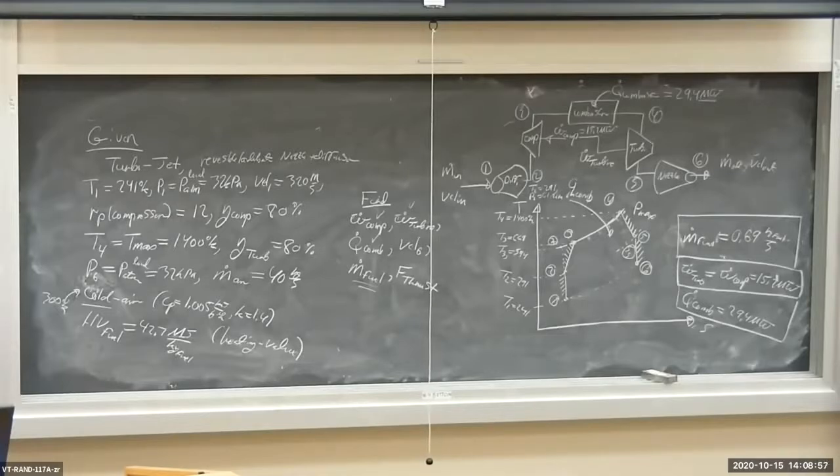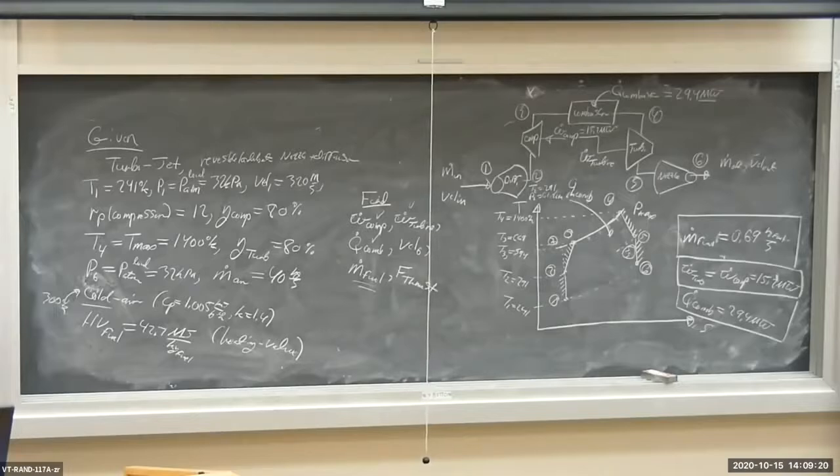In other words, T6 is equal to T5 times (P6 over P5) to the power (K minus 1) over K. Now, I know T5, 1,022 degrees Kelvin. I know P6.